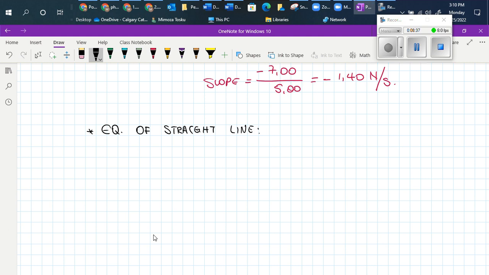We'll use the point-slope form to convert it into slope-intercept form. So the point-slope form of the line looks like this: y minus y of point A is equal to the slope times x minus x of point A.